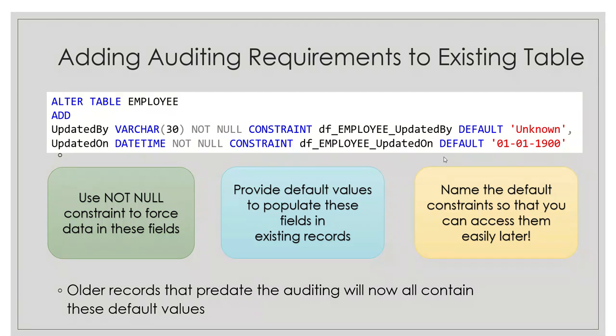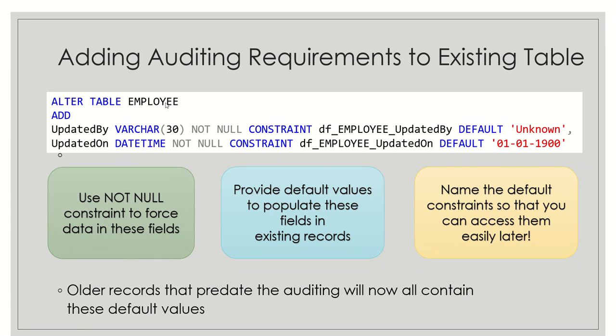So we don't want it to pass under the radar. So something that will stand out to us as obviously a problem is saying that something was updated in 1900. That can show us as a flag that, hey, this isn't quite right. If we just pre-populate it to a regular date and time like today, then we would not be able to catch that as a problem right away.